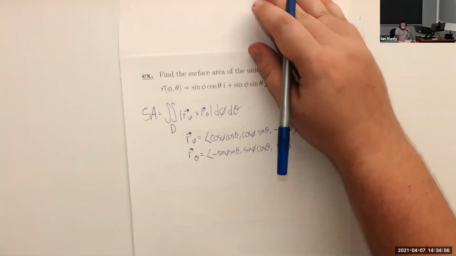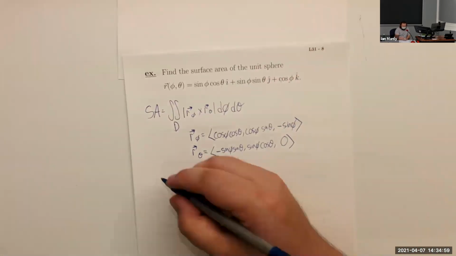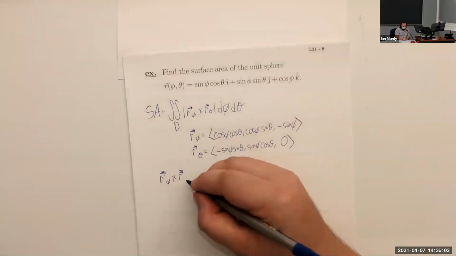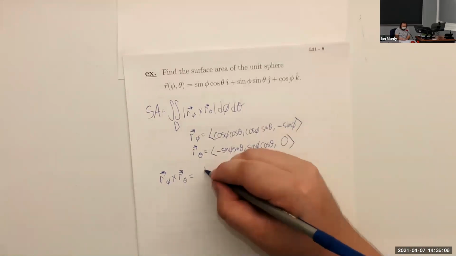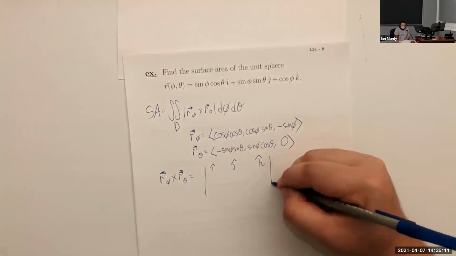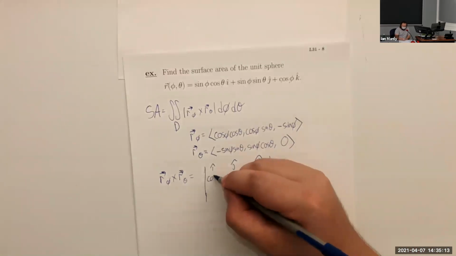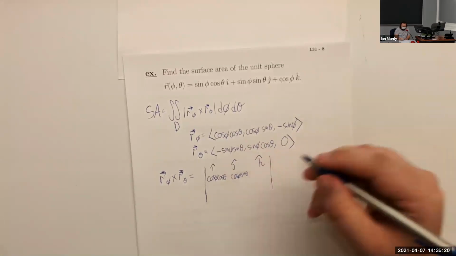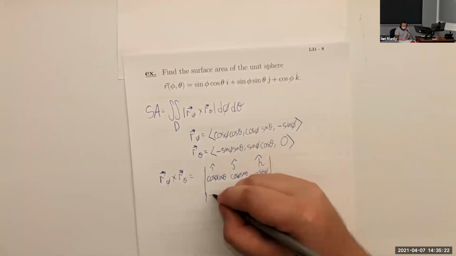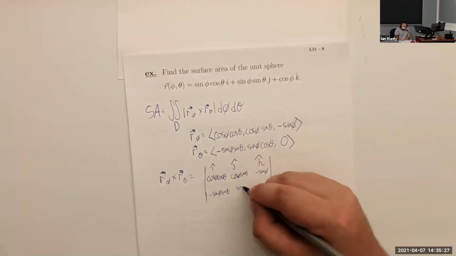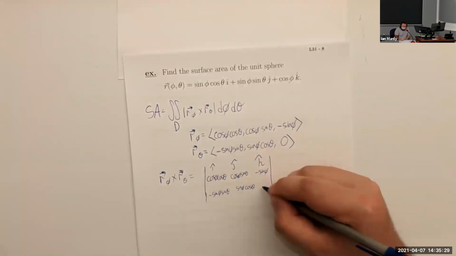Okay, now it is time to cross these vectors right here. And there's going to be a lot of trig identities that we're going to use, and it's going to boil down to something really nice. It'll be very easy to do this integral once we've simplified. So let's write in all the components here. Cosine of phi, sine of theta, negative sine of phi, sine of phi, sine of theta, sine of phi, cosine of theta, and 0.